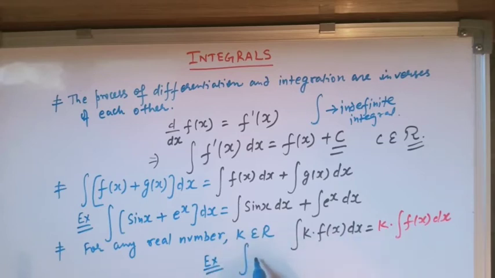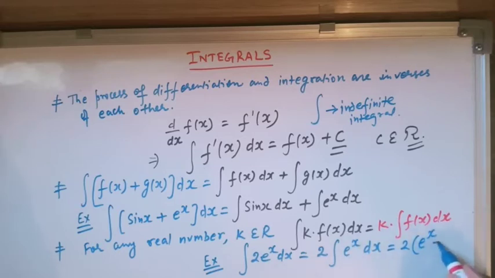So it means if we have an integral, say 2 times e raised to x dx, then we can take 2 outside this sign, and we have 2 times the integral of e raised to x dx. Clear? And then the integral of e raised to x is e raised to x plus, say, c.